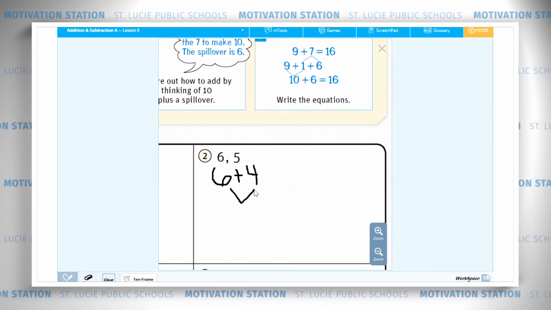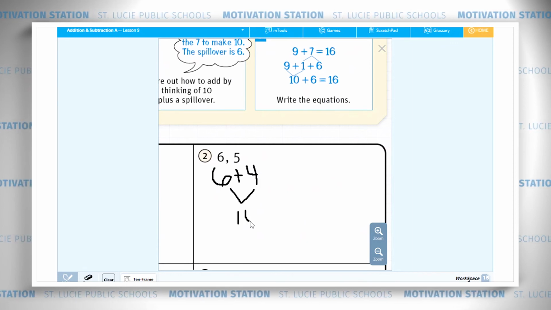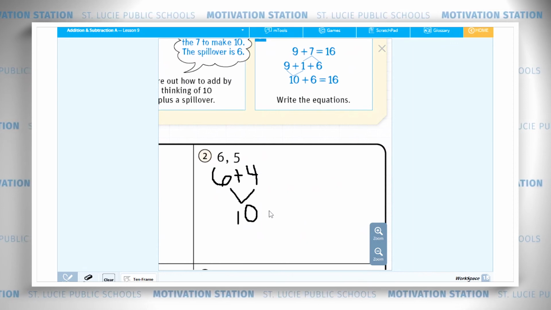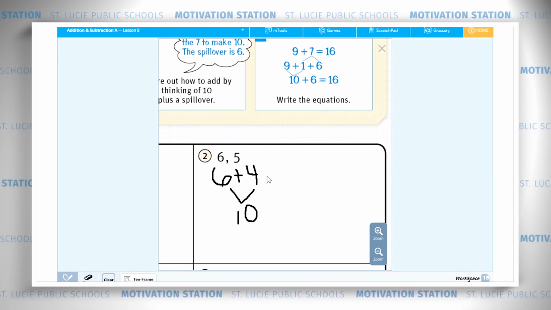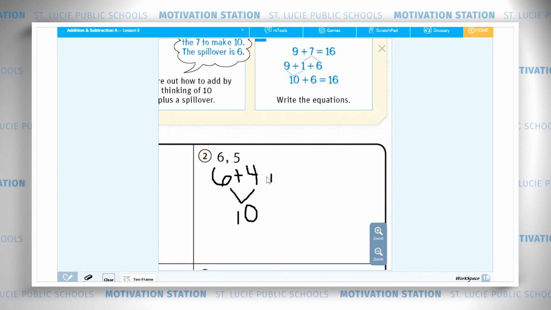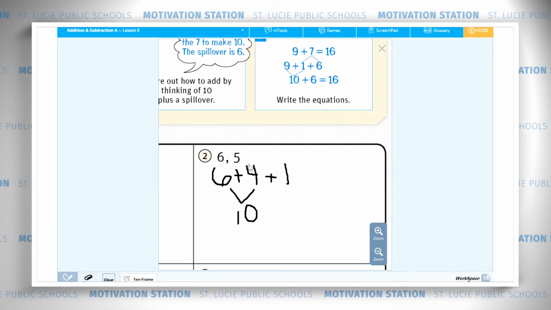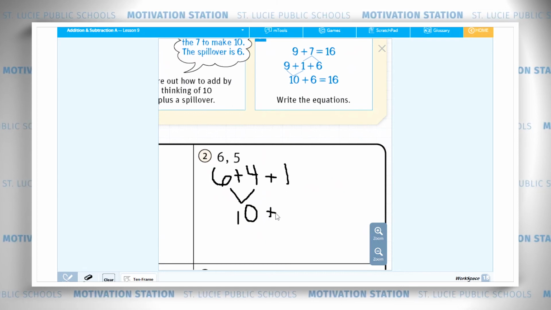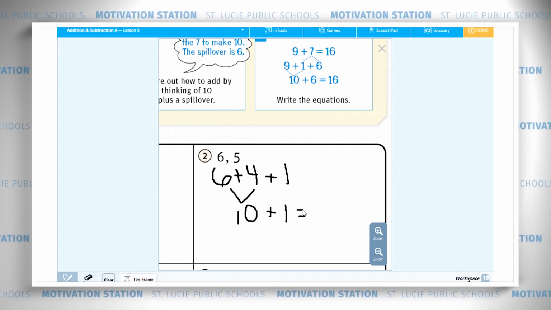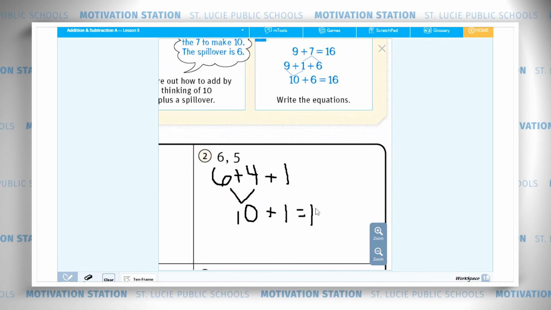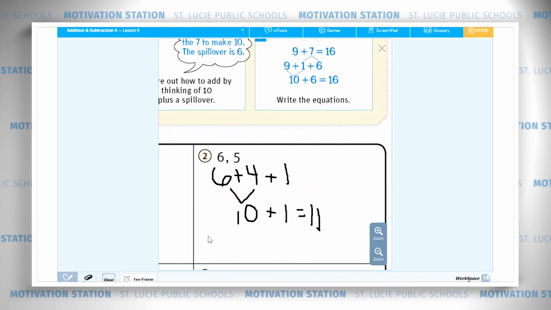So 6 and 4 makes 10. And then because I took 4 from this 5, there is 1 left over, or 1 for my spillover. So our new equation becomes 10 plus 1, and this equals 11.